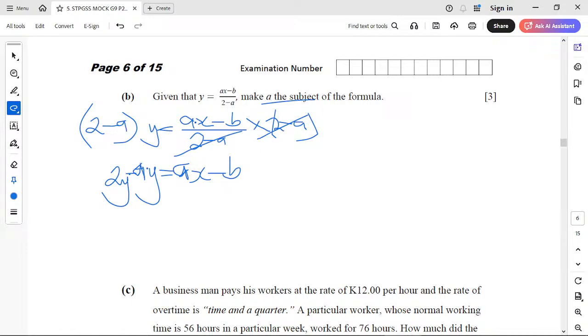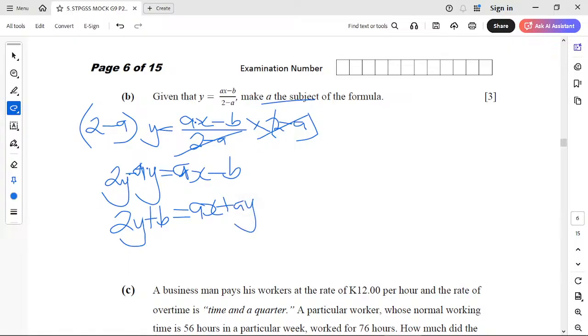It doesn't matter which side a is on. So we have 2y, then b crosses the equal sign and becomes plus b, which is equal to ax, then ay crosses the equal sign.